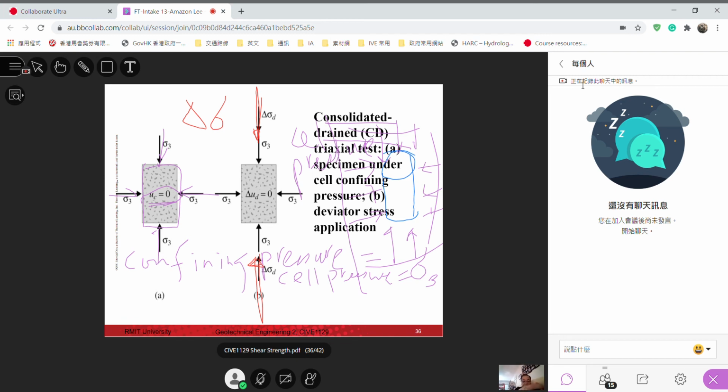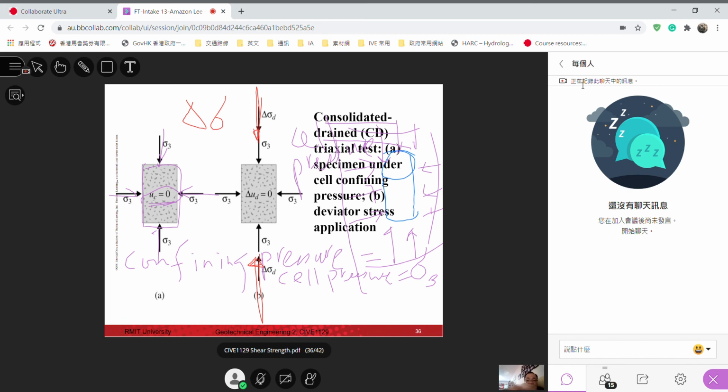We just add the vertical stress through the vertical piston until we measure the development of the vertical strain and the lateral strain, so we can plot the stress-strain curve.